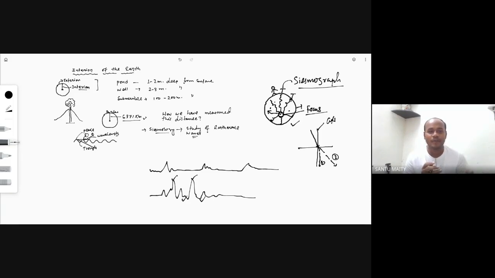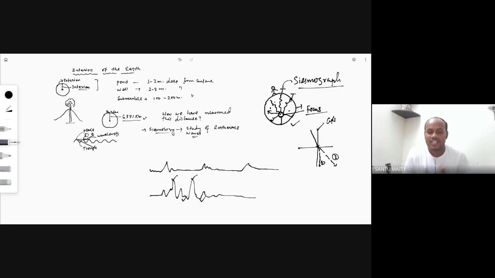By digging a pond or well or submersible, or based on volcanic eruption, we cannot understand that the interior of the earth extends up to 6371 kilometers. So we need some other method, which is known as seismology. Seismology helps us explain the real nature and the depth of the interior of the earth.